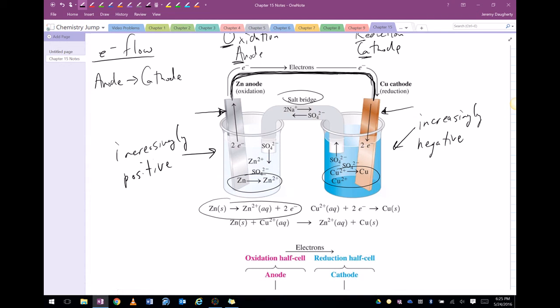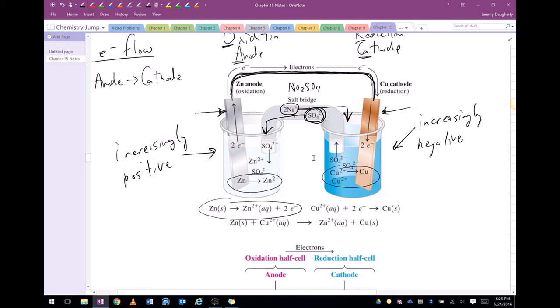So we need to introduce something, i.e. a salt bridge, that's going to balance out that charge. The salt bridge is always an ionic compound. In this case, it's sodium sulfate. The cation, which is positive, goes to the cathode to balance out that negative charge. The anion, which is negative, goes to the anode, again, to balance out that charge.